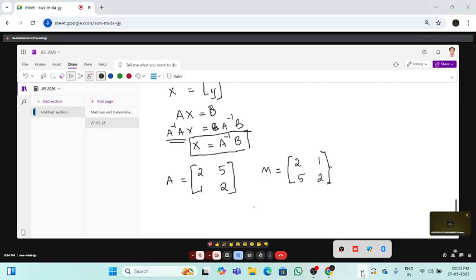Then the cofactor matrix, 2, -1, -5, 2. And then the adjoint, 2, -5, -1, 2.